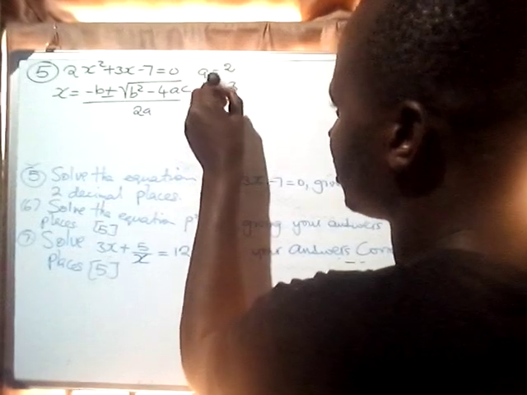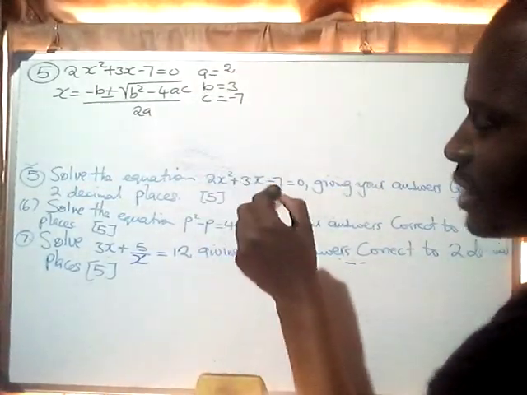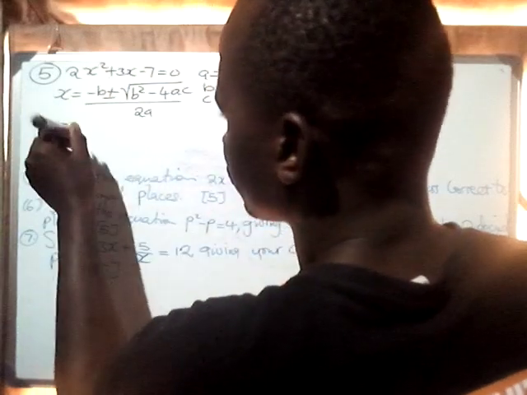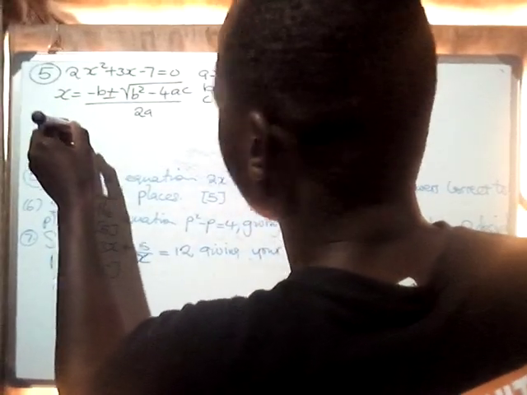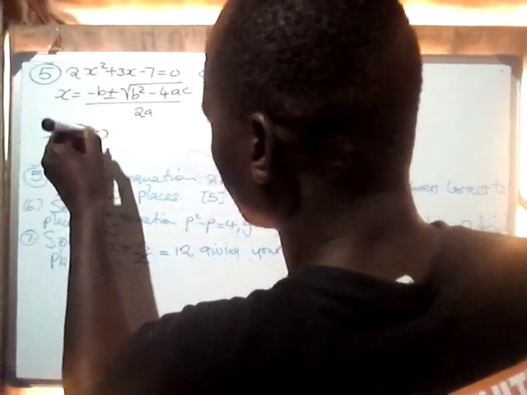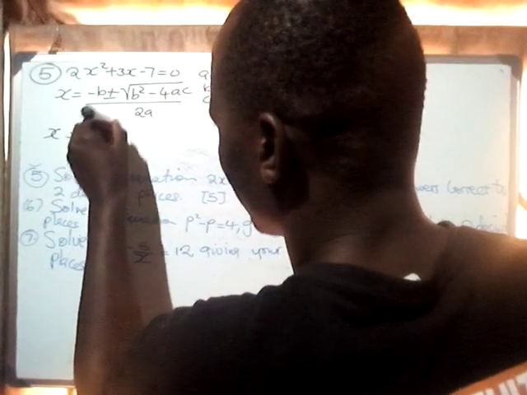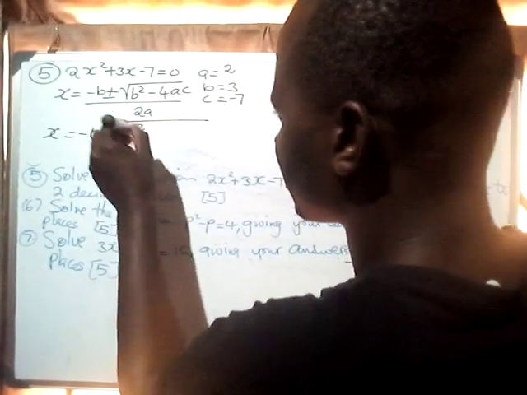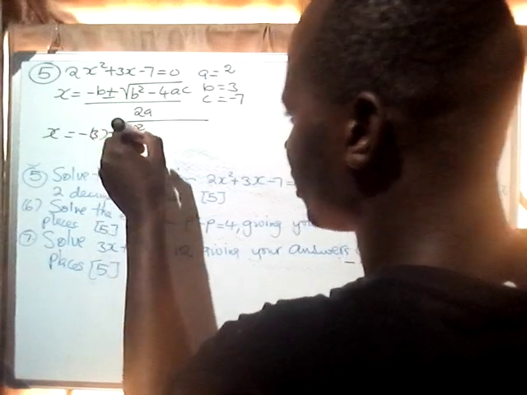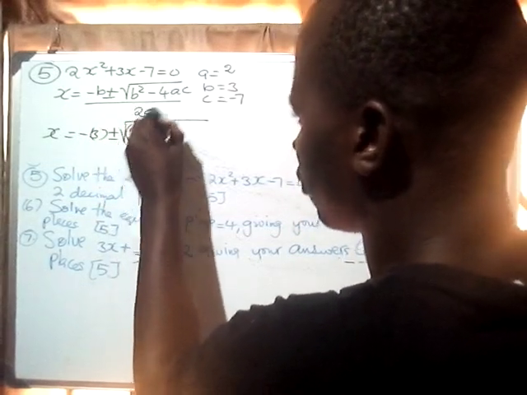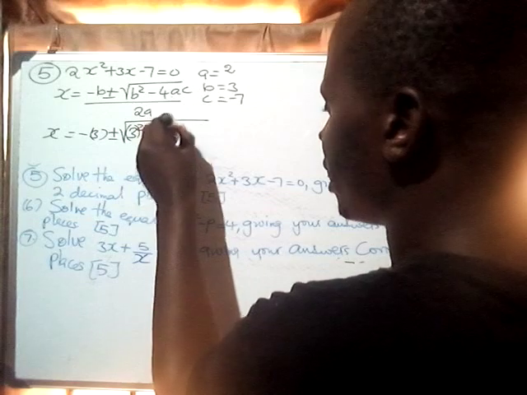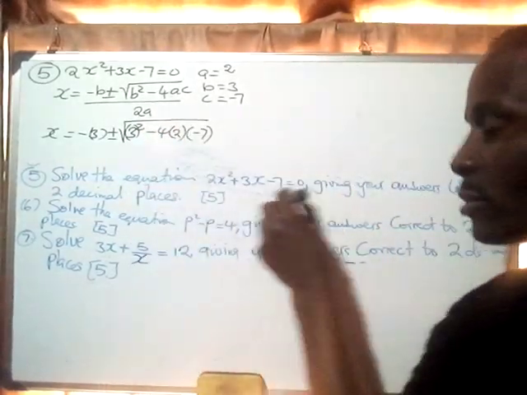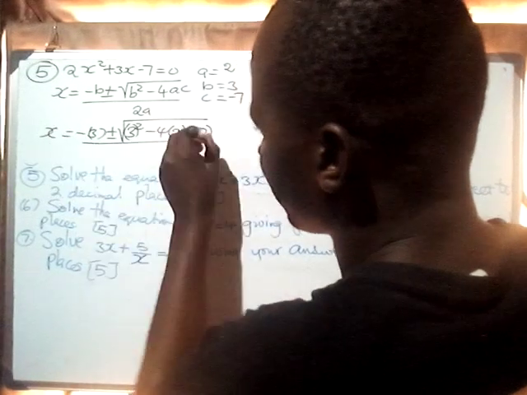Our c is -7. So we are going to have x is equal to -3, in brackets, plus or minus the root of 3 squared, in brackets, minus 4. Our a is 2 and our c is -7.